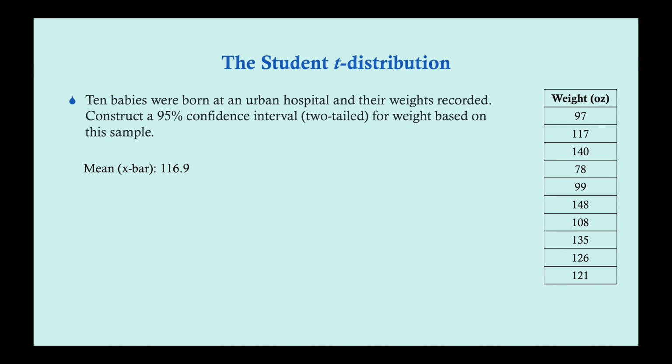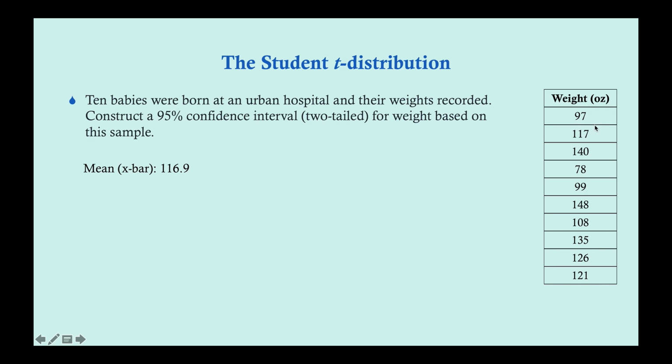remember your formula, and remember that first element of the formula was x bar. Well, that's your sample mean. So your sample mean is just the mean of these values. Add these all up, divide by your total of 10, and you get 116.9. There's your x bar, pretty simple. What about your standard deviation? Well, you remember how to do that.